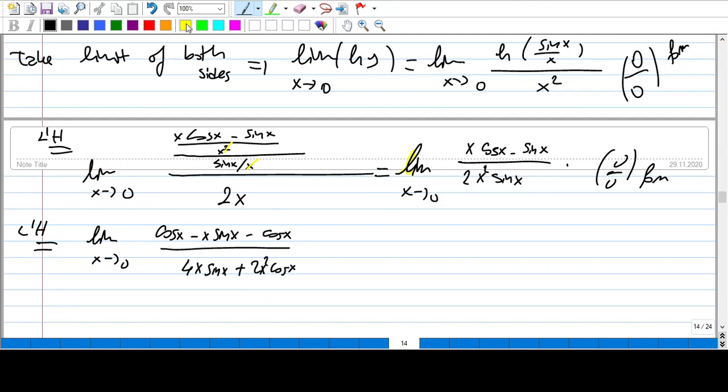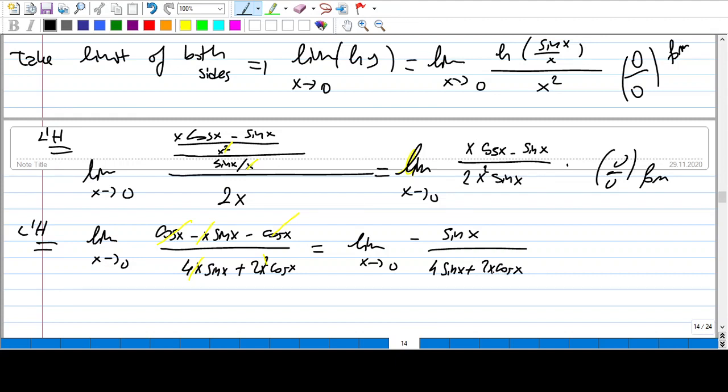So these cosine x's cancel each other, and one of the x's cancels with that one. After that stage we will have limit x to 0, maybe we have a result, or otherwise we have to do one more step: minus sine x over 4 sine x plus 2x cosine x.